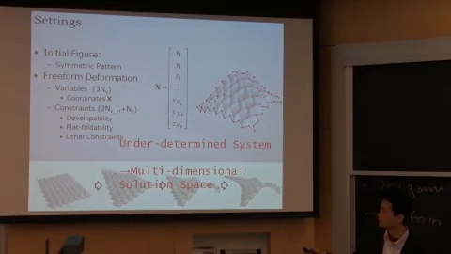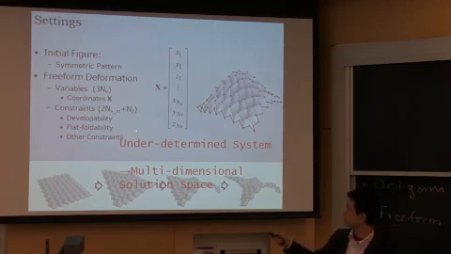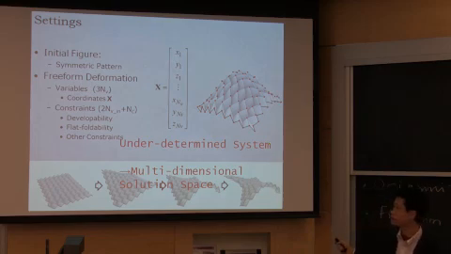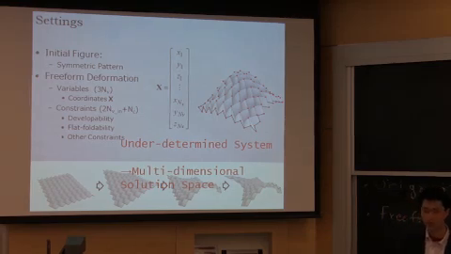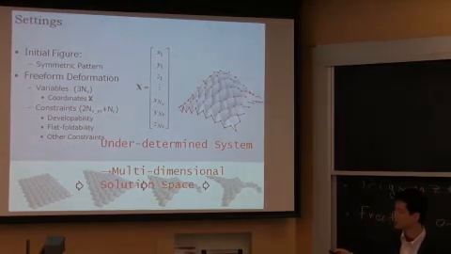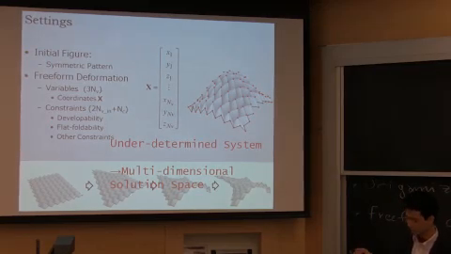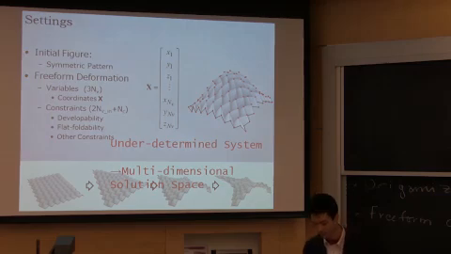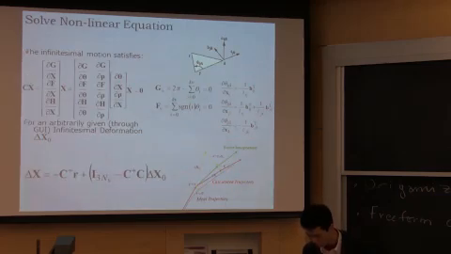And we assign developability, flat foldability, or other constraints. This forms an underdetermined system, which means that it gives you a multi-dimensional solution space. And within the solution space, we transform the surface so that you will always get a valid solution. So that's the method we are applying.